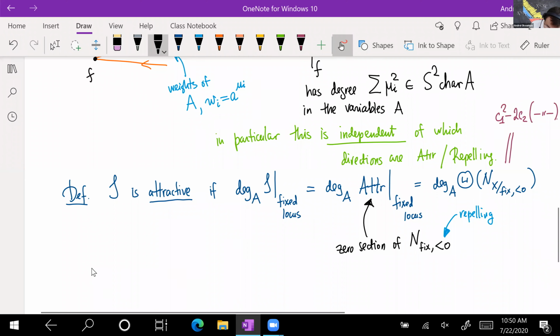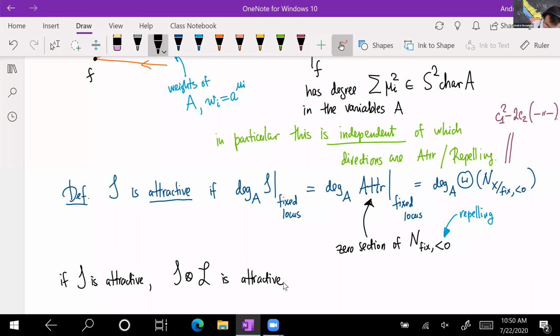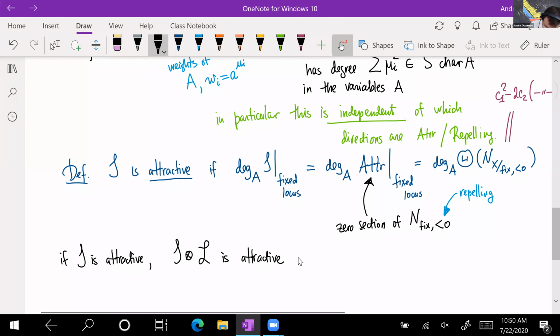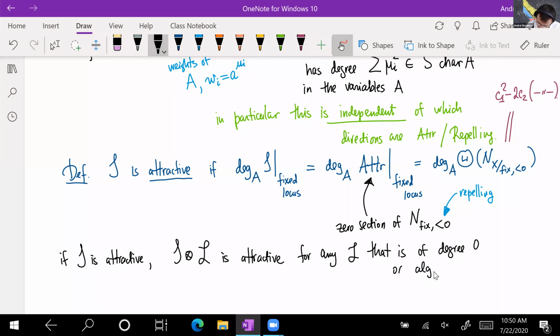So if S is attractive, and of course the degree will not change, then S tensor L is attractive for any L that is of degree 0, algebraically equivalent to 0.